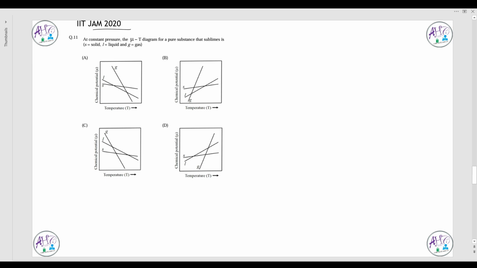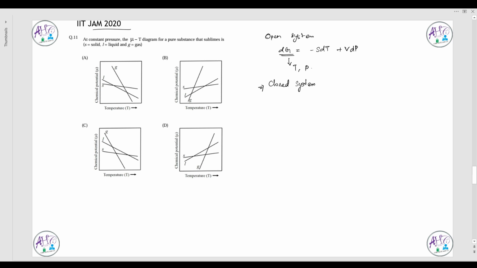In general we have two different systems: one is your closed system, the other one is your open system. For the open system you can write dG = -S dT + V dP. In an open system, your ΔG depends only on your temperature and pressure. But in case of your closed system, we get the chemical potential. Chemical potential is introduced only in case of your closed system.